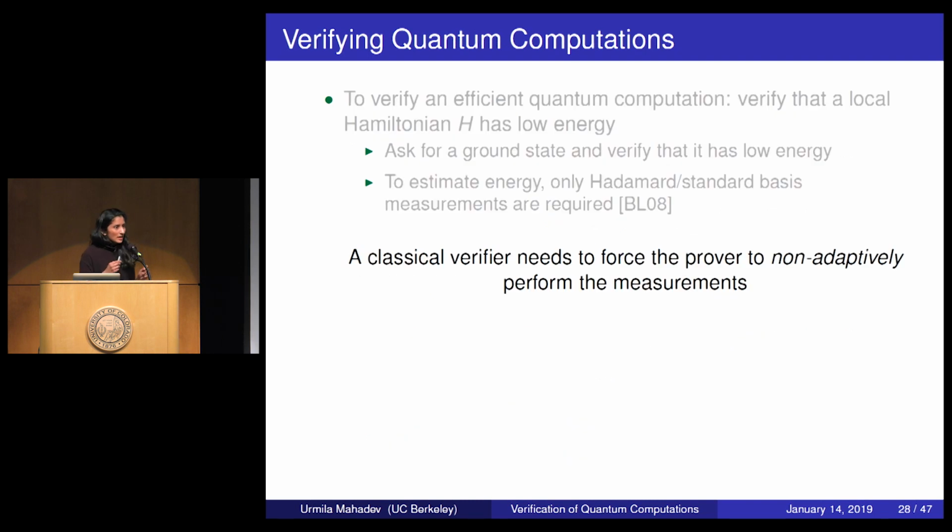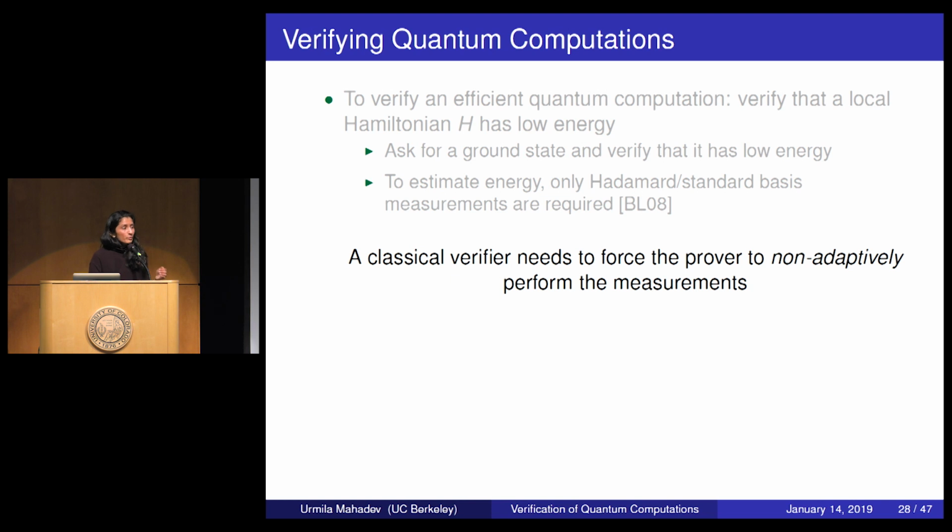If I want to get rid of this quantum verifier and turn him into a classical verifier, all the classical verifier has to be able to do is force the quantum prover to perform the measurements that the verifier would have. So what the prover has to do is perform these measurements non-adaptively. He has to fix a quantum state and then perform the same measurements that the verifier would have.